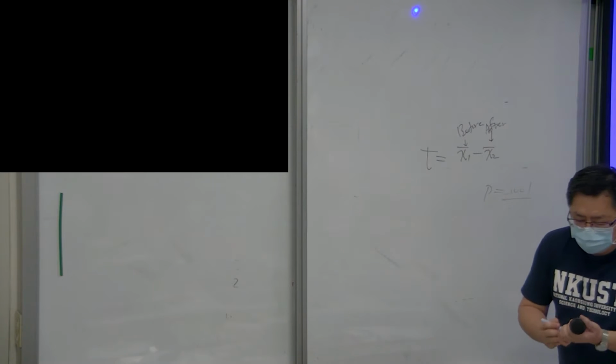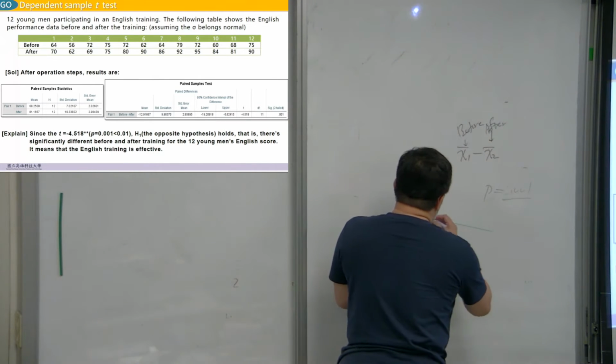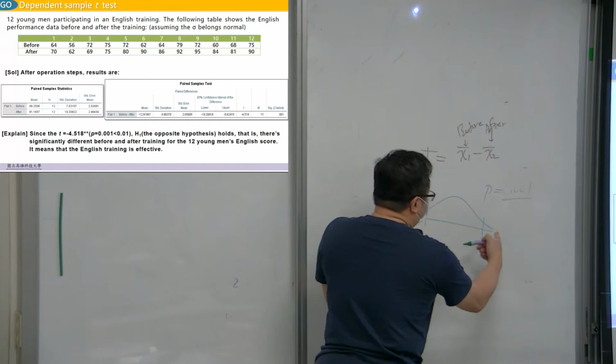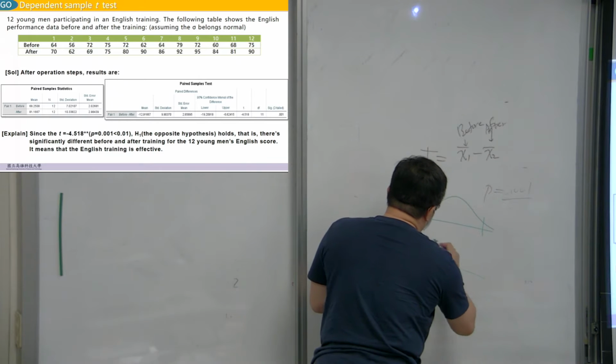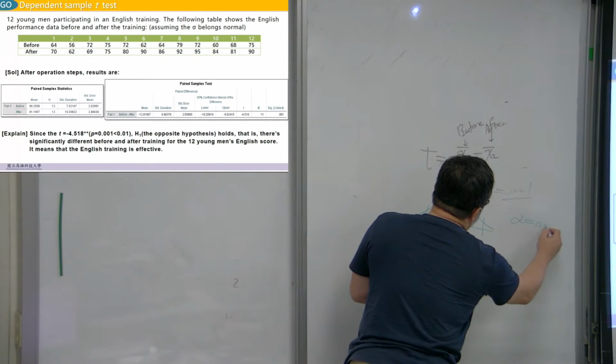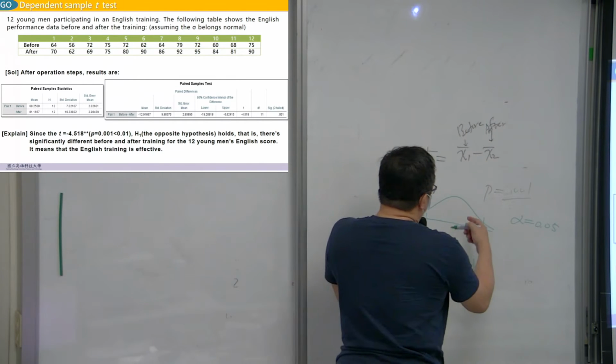You understand? So no matter what, this is two way, this is one way, okay? We always take alpha as 0.05, right?